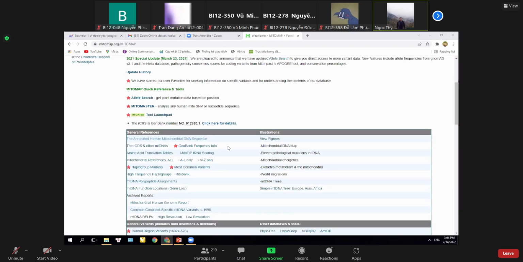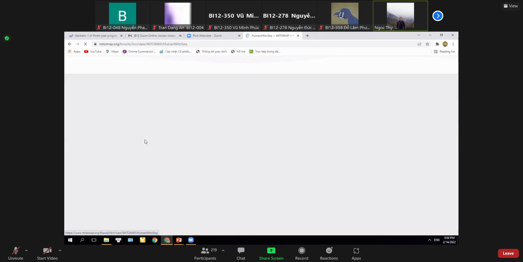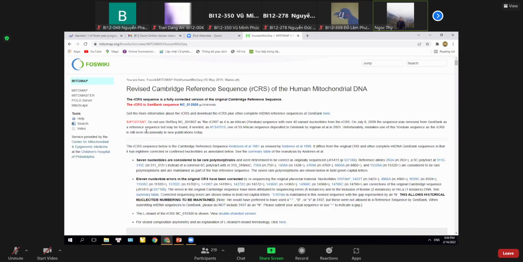Here you can click on the annotated human mitochondrial DNA sequence. This is the newest human mitochondrial genome called rCRS, the Revised Cambridge Reference Sequence.